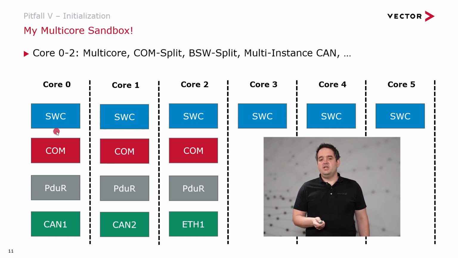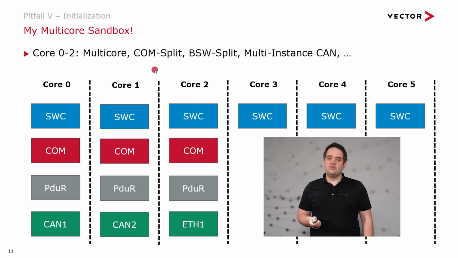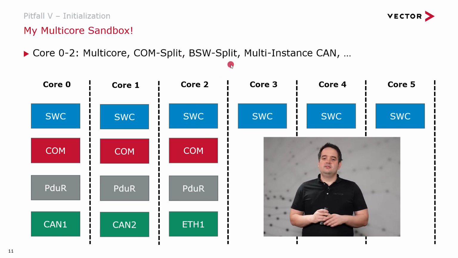We have a communication stack up and running, so a multi-instance CAN feature is integrated. CAN 1 is running on core 0, CAN 2 is running on core 1, an Ethernet stack is allocated on core 2. So we have quite a good playground to play around with different runtime scenarios.